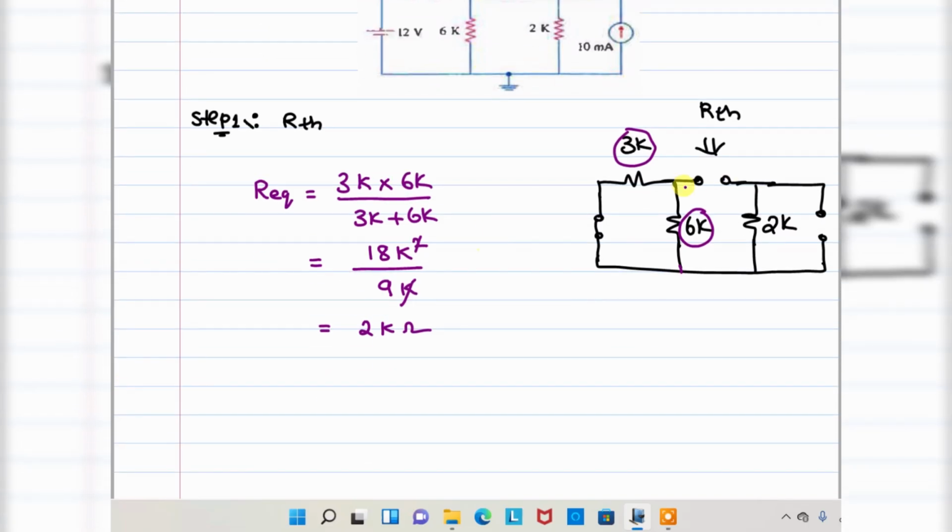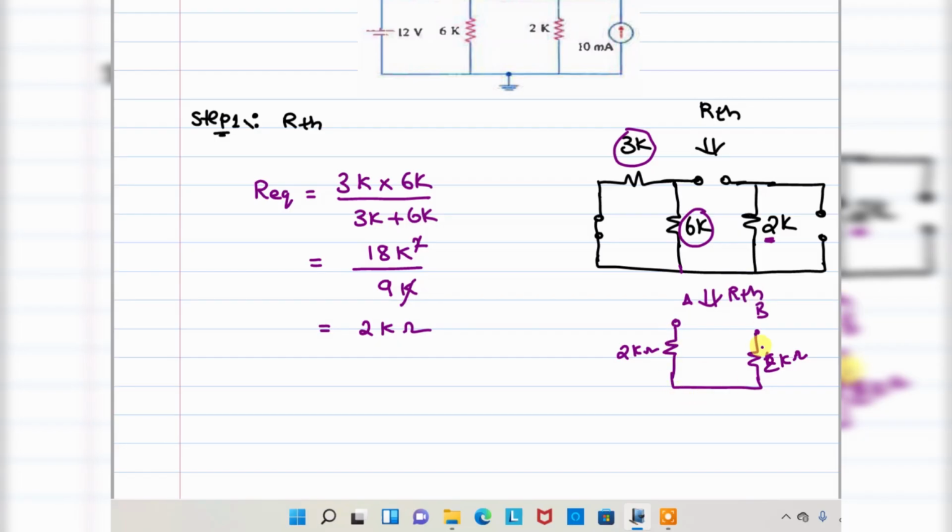Next, once you have the 2 kilo ohm, coming to here, this is also 2 kilo ohm. So for your understanding, I am going to draw the equivalent circuit. 2 kilo ohm, this is A, and this is B. Here is 2 kilo ohm. Look here, are these two in series or parallel?